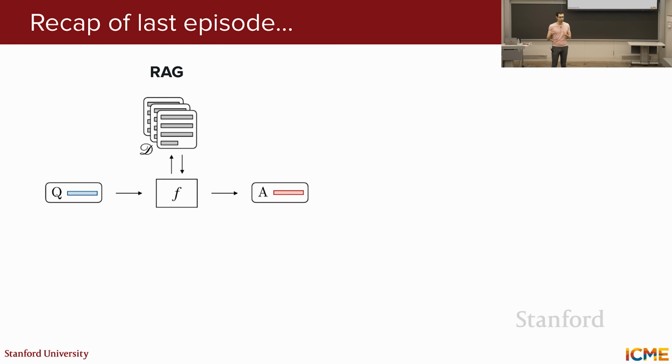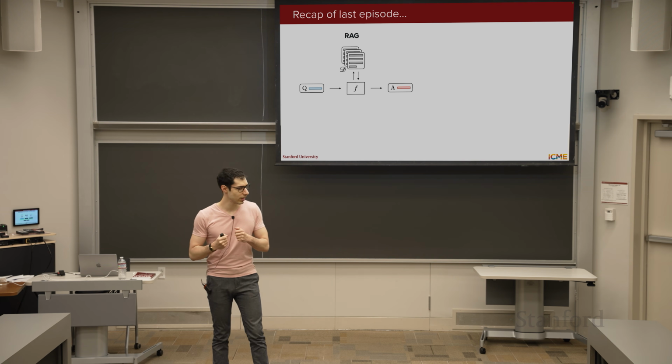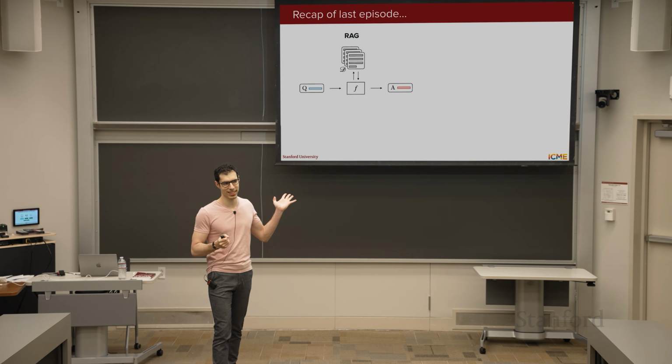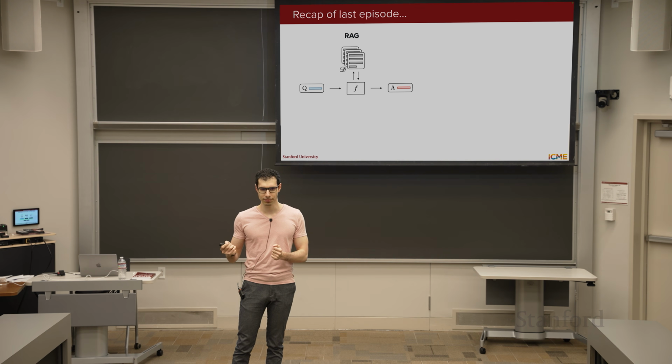week. So if you remember, last week we saw how our LLM could interact with systems that are outside of the LLM itself. So we saw one core technique that is called RAG, that allows our LLM to fetch information from external knowledge bases. And so here, RAG stands for Retrieval Augmented Generation.